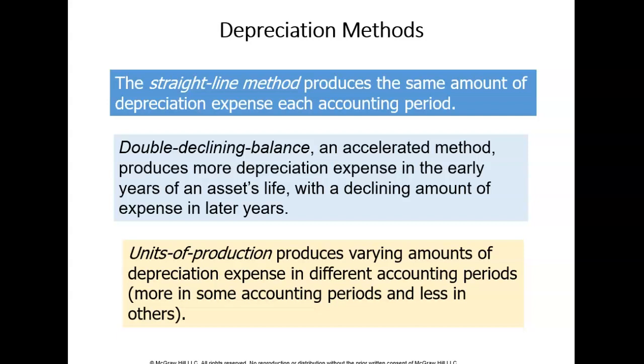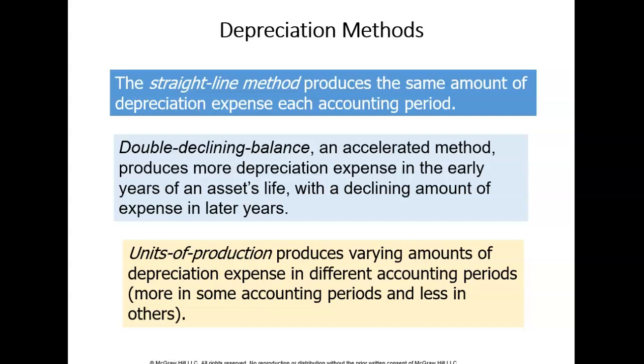Meaning, if an asset has a 5 year useful life, we're going to expense the same amount each year over that 5 year period. With the double declining balance, this is an accelerated method where we're going to expense a greater portion of cost in the asset's earlier years and a lesser amount as the asset becomes older. And we'll explain why we would choose this method of depreciation. And then with the units of production, the expense will vary depending upon the actual use of the asset in that period.